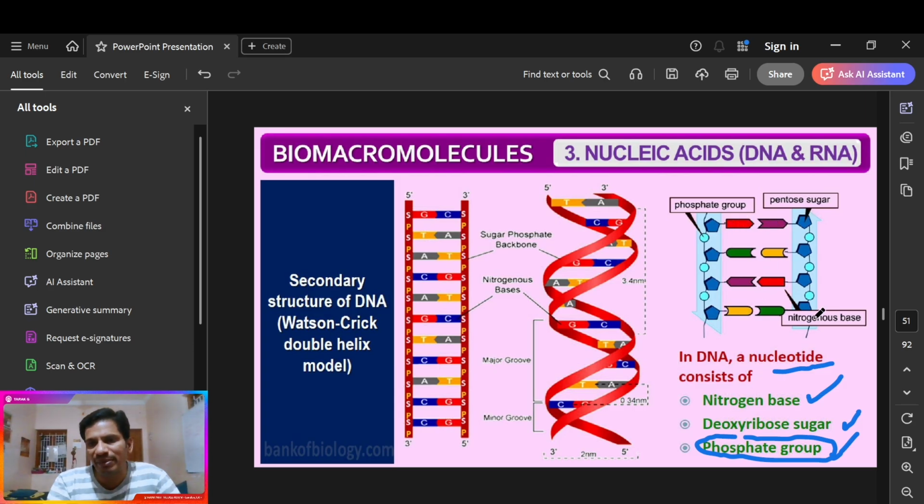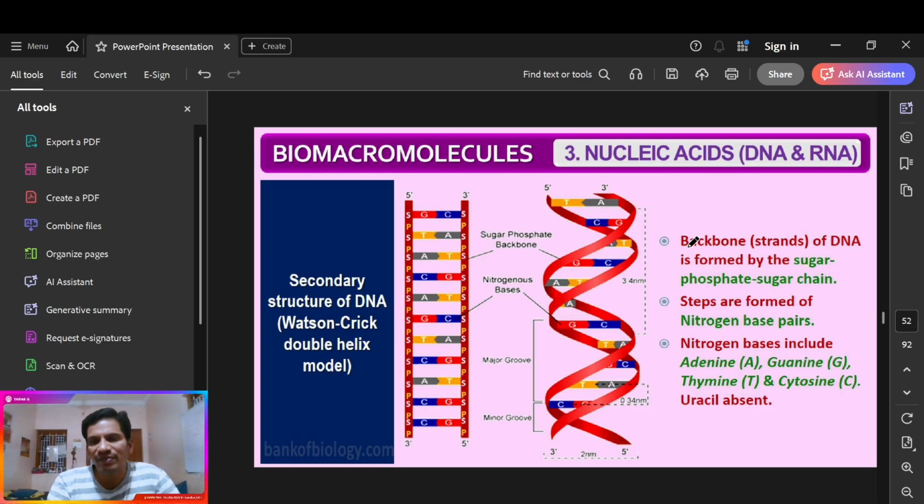Now the backbone of the DNA is formed by the sugar phosphate and sugar chain. The backbone of the other strand is also sugar phosphate, and the steps are formed by the nitrogen base pairs. These steps are like ladder steps, the nitrogen bases. Nitrogen bases include adenine, guanine, thymine, cytosine, and uracil.